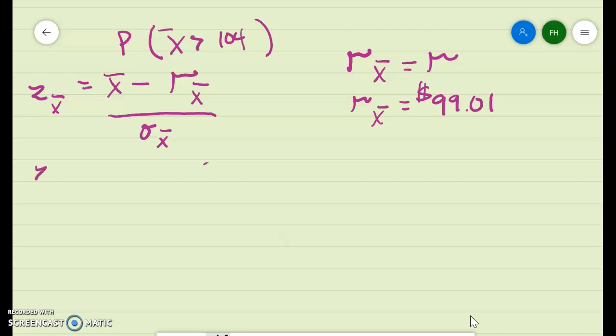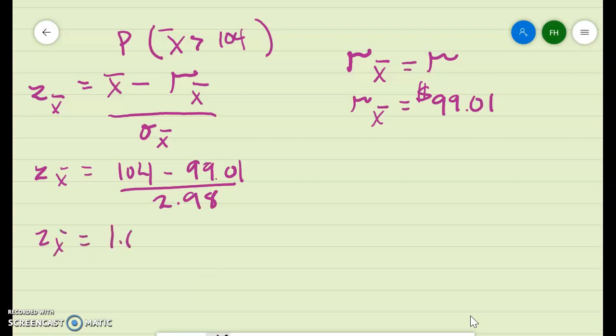So our z-score is 104 minus 99.01 divided by our 2.98, and you're going to get 1.67, and we want the probability that x is greater than 104, or the same thing would be the probability that our z is greater than 1.67.